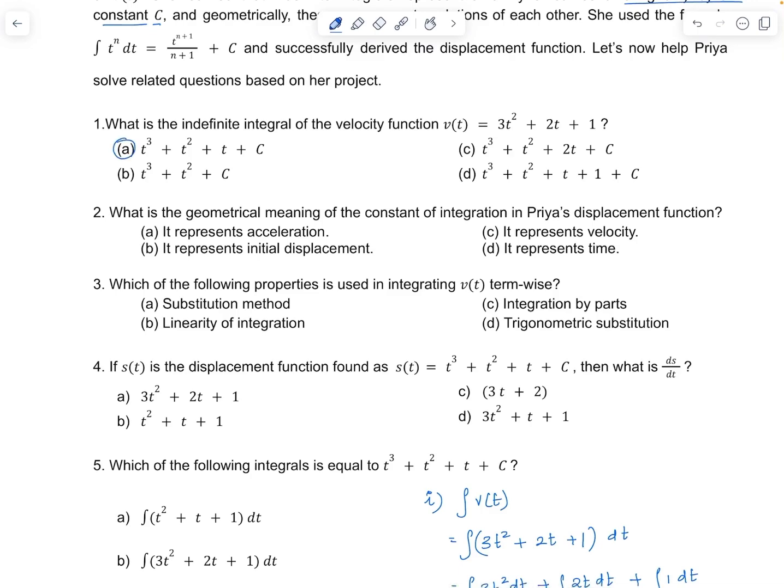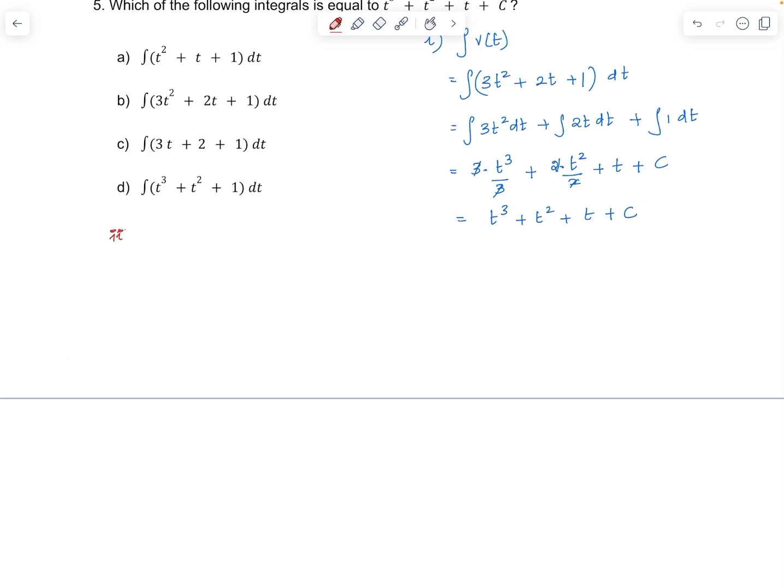Question 2. What is the geometrical meaning of the constant of integration in Priya's displacement function? To understand this, let's draw a displacement time graph. Assume the curve is drawn. Now the fact is that the curve shape never changes, but the curve can be translated.